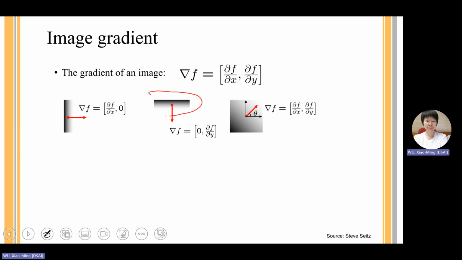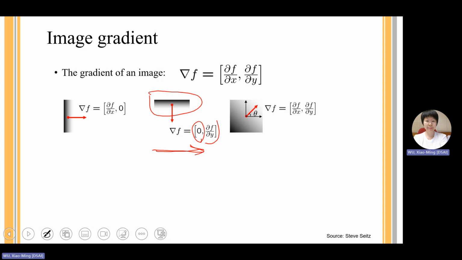Similarly, for this case, the X derivative is zero because each row of the image is constant.